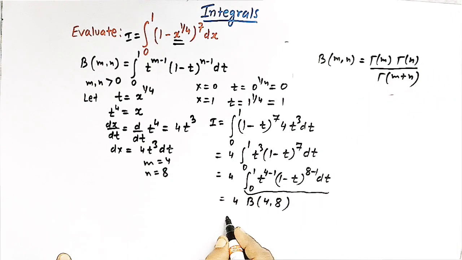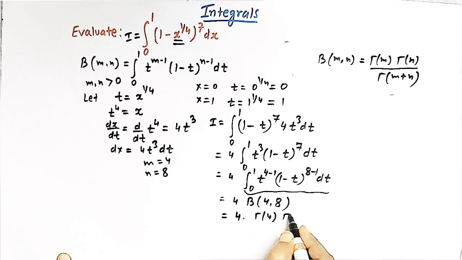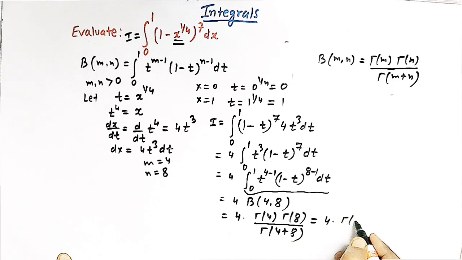So we can write 4 times gamma 4, gamma 8, divided by gamma of 4 plus 8, that is gamma of 12. Now we have to find the values of gamma 4, gamma 8, and gamma 12.